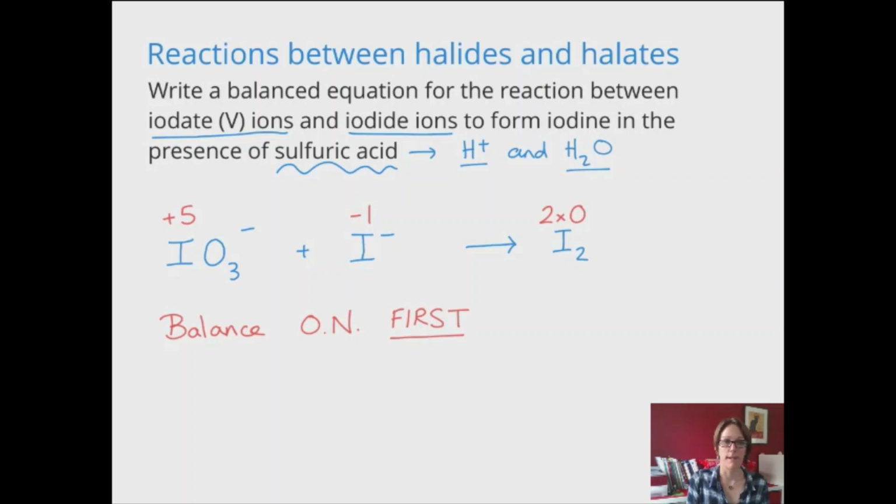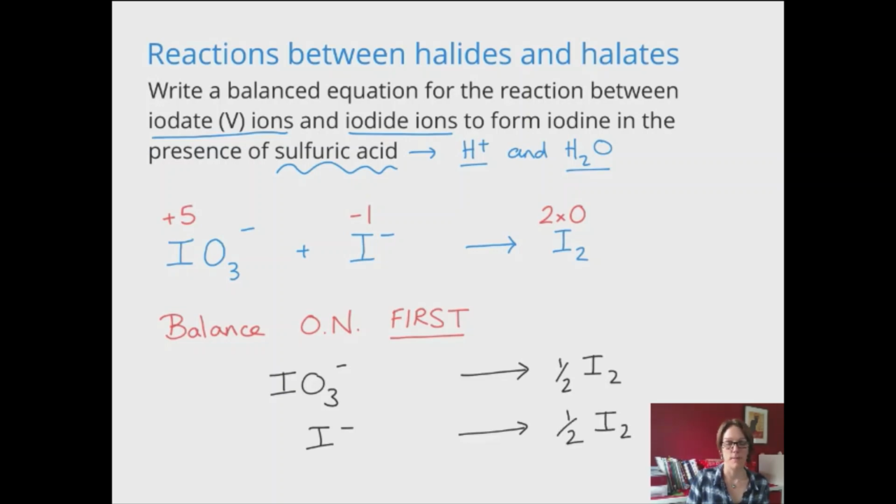So right away we can see that this isn't balanced at all, even though the number of iodines appears balanced, because for IO3- to go to one of the iodines, so half a mole of I2, I'm going from +5 to 0, whereas in I minus, I'm going from -1 to 0.